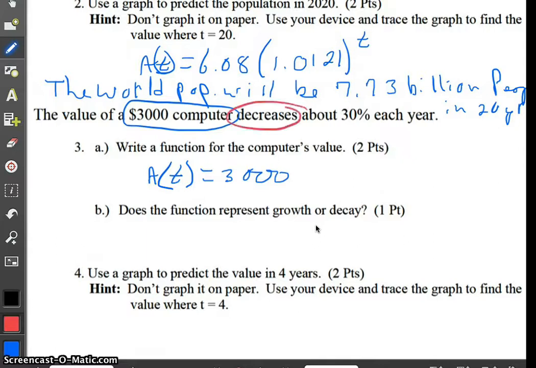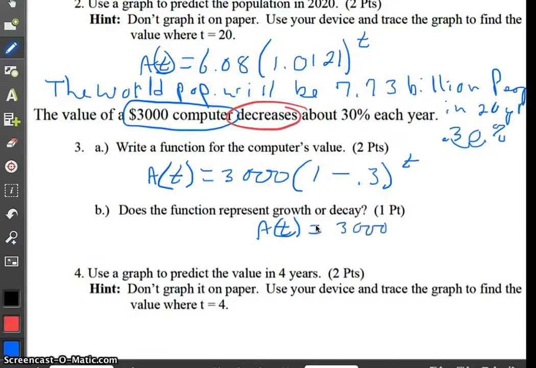So that means this time we're going to use 1 minus. Now I see I have 30%, so I'm going to move it 2 places over, so it's going to be 1 minus 0.3 raised to the t. Or I could write A of t equal to 3,000 times 0.7 to the t.